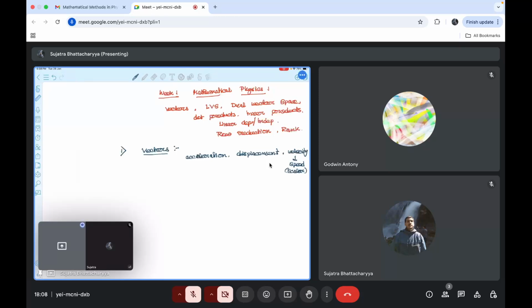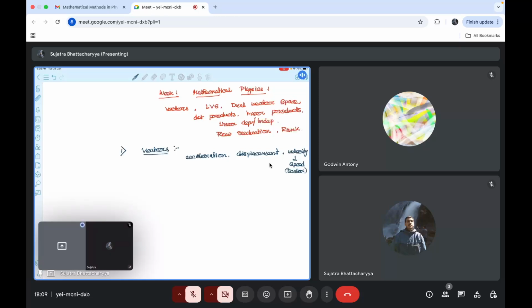But in linear algebra, the vector definition is not only limited to your speed and direction kind of thing, but it has more to it. So we will see all those things, that there must be some addition criteria, and a scalar multiplication that it should follow.